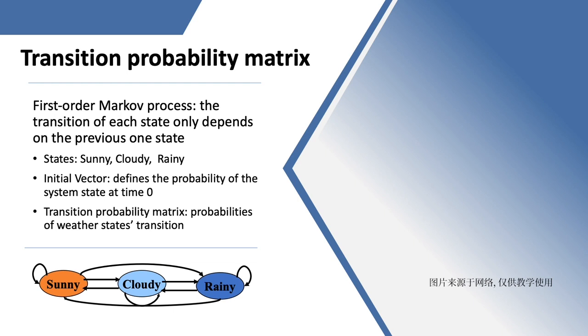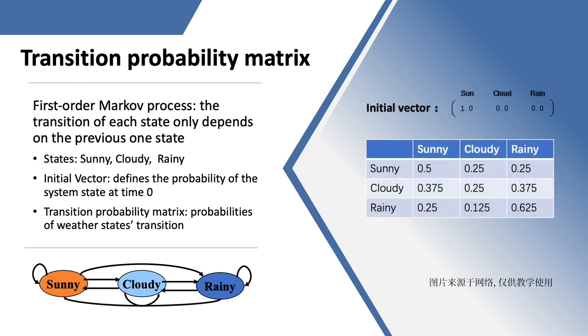The transition probability matrix shows the probabilities of weather state transitions. As shown in the table, each value in the matrix is the probability of one weather state moving to another. In other words, if it was sunny yesterday, the probability of being sunny today is 0.5, and the probability of being cloudy is 0.375. Note that the sum of the probabilities of each row is 1.